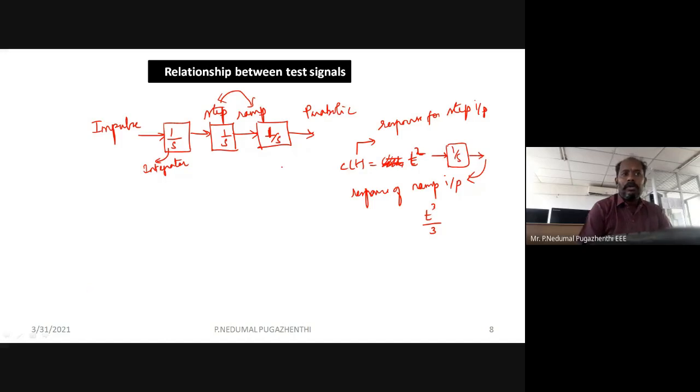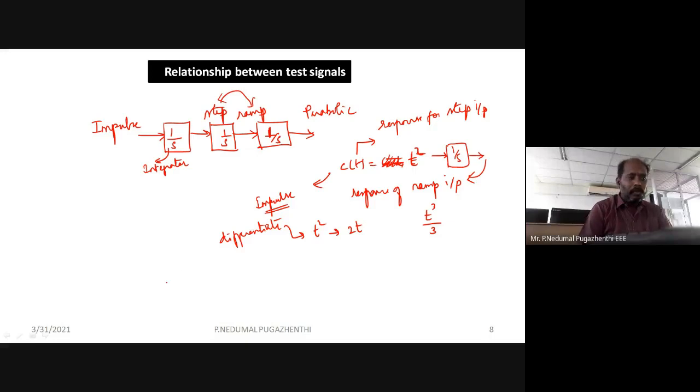Now if I want an impulse response from the step output, what will I do? We have to differentiate. T squared, if you differentiate it, you will get 2t.